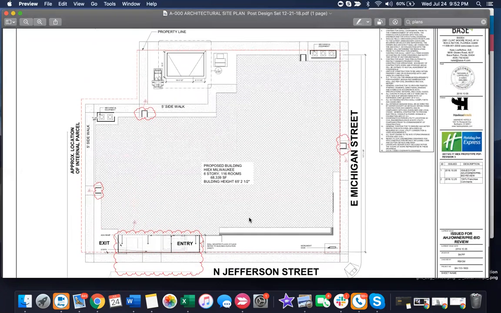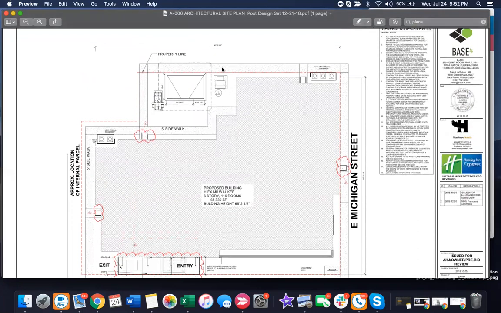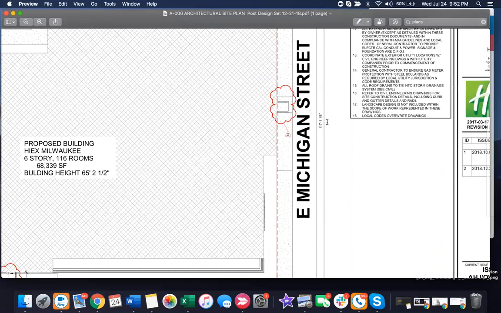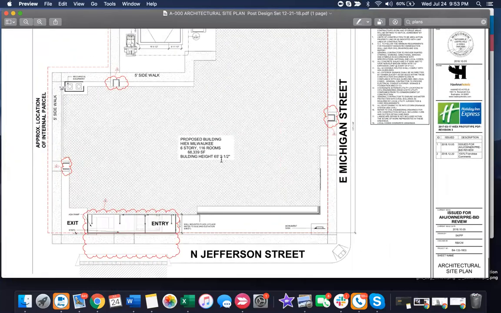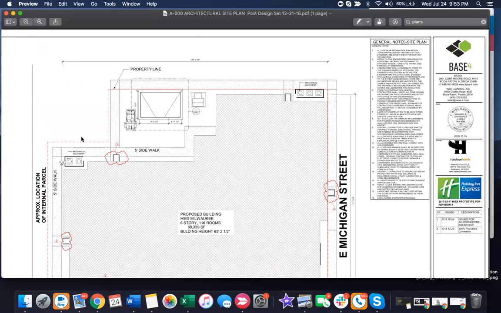So if we didn't know this was 6 stories, I would think the building was length times width, 145 times 117, which is actually 16,009. So 17,000 at 6 stories times 6, 102,000. So roughly, I think this is about 40,000 square feet.